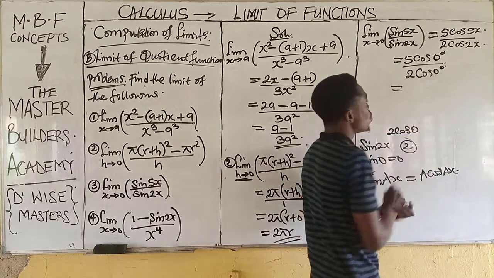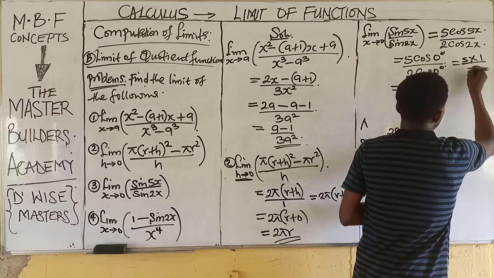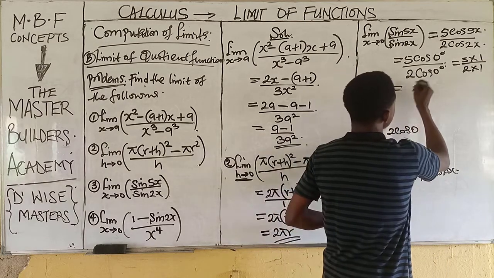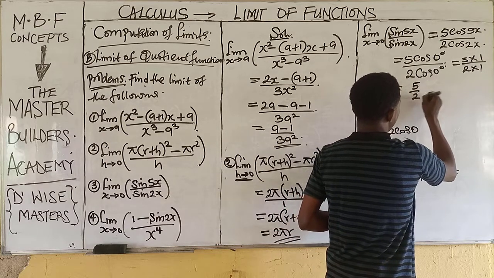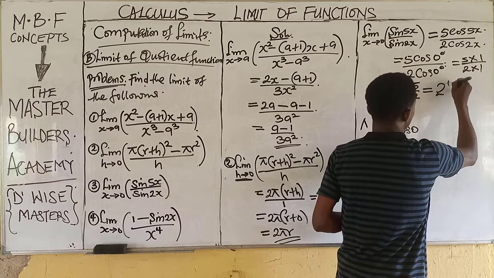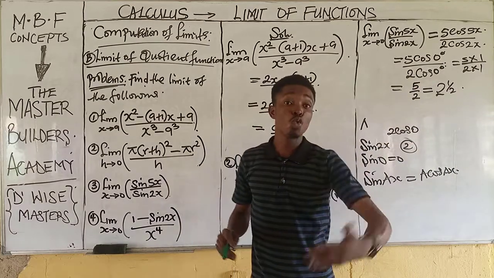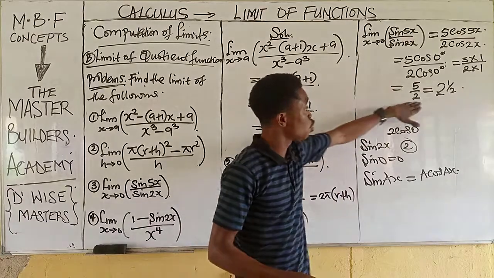And we know that cos 0 is 1. So this gives us 5 multiplied by 1 and 2 multiplied by 1. Then the final answer is 5 over 2, which is 2 whole number 1 over 2, or you can have your answer in decimals as 2.5. That's it. So this is how you work this out.